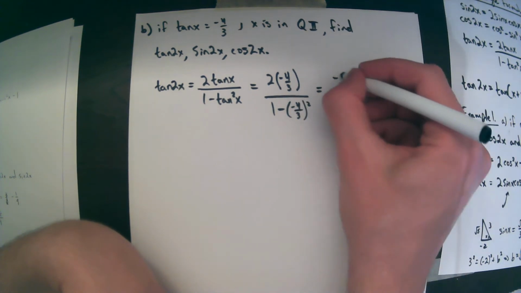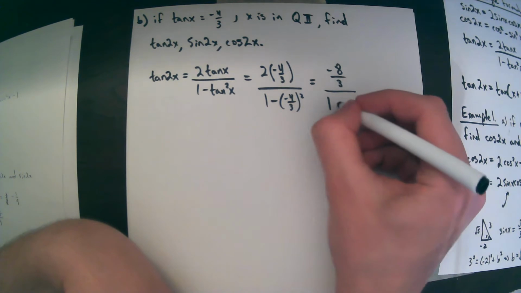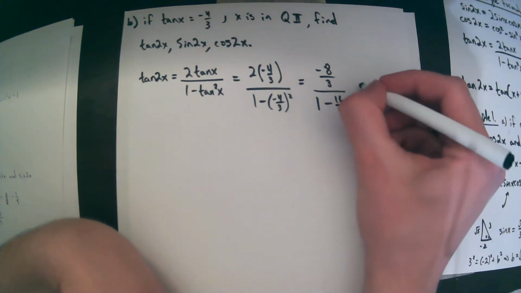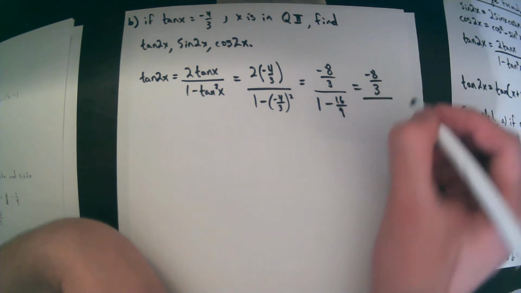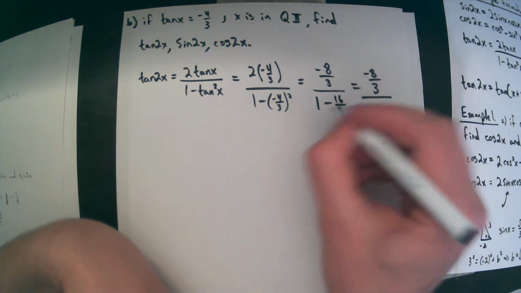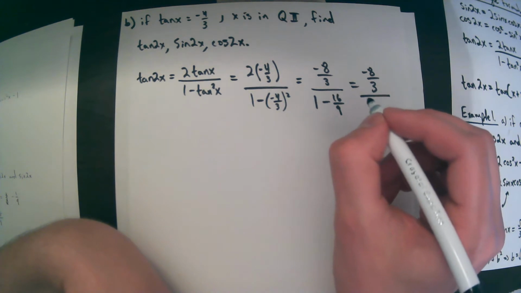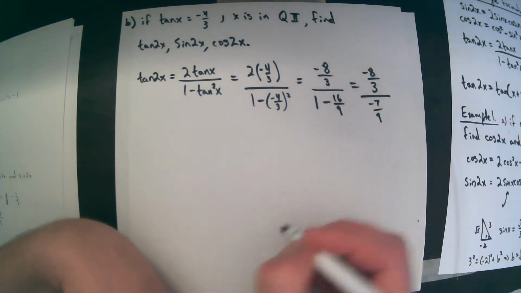That's going to give me negative 8/3 in the top, and then over 1 minus 16/9. This is 9 over 9, so 9 minus 16 is negative 7 over 9.